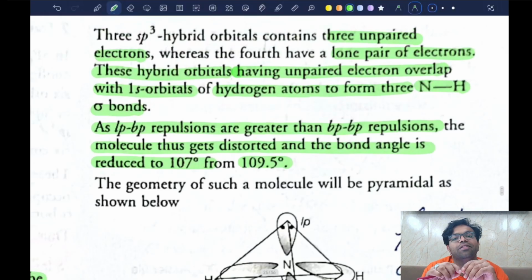The fourth sp3 hybrid orbital is used to localize the lone pair of electrons. Thus, the arrangement may look as if it is a tetrahedral geometry, but it is not.